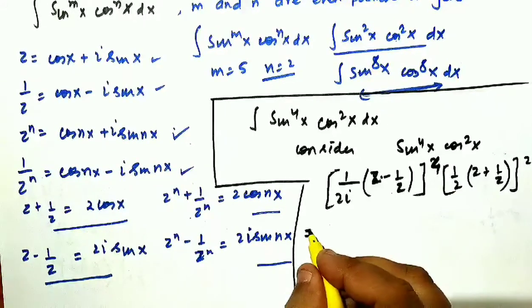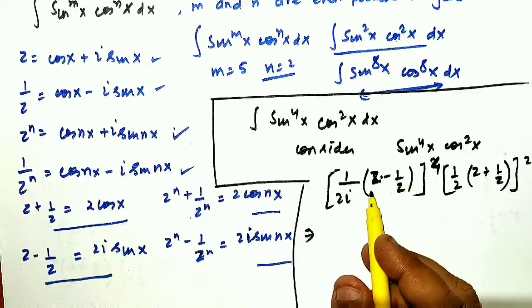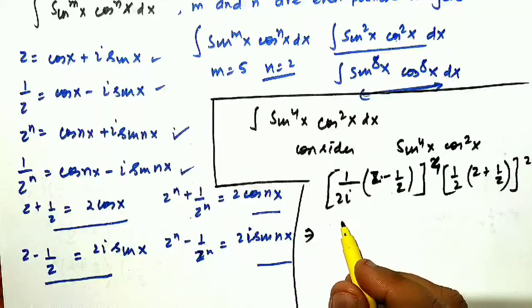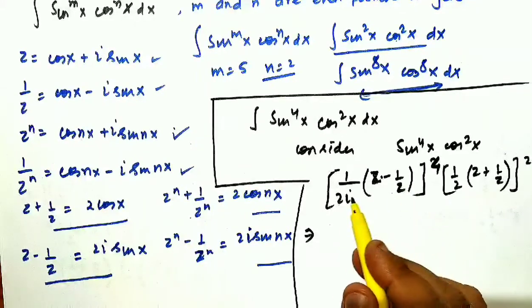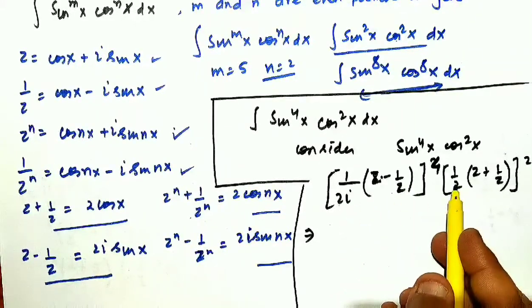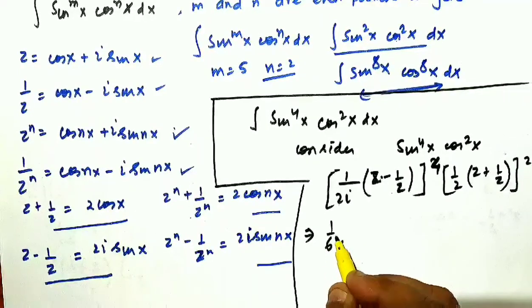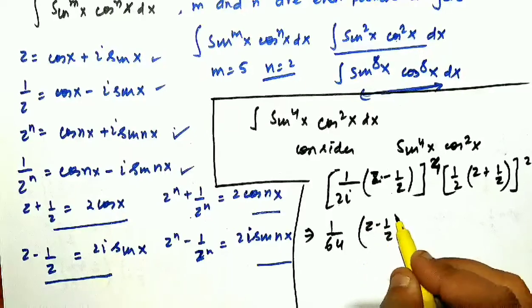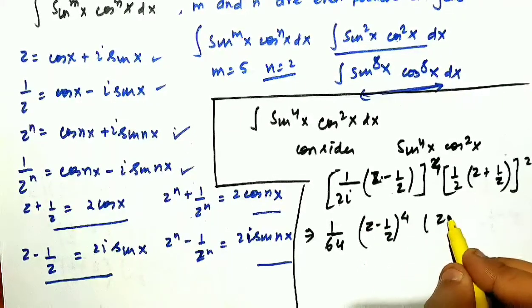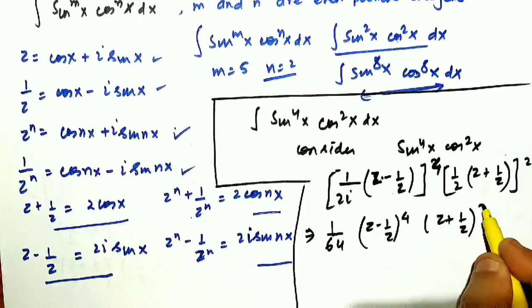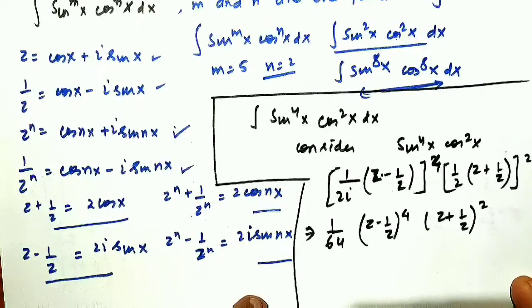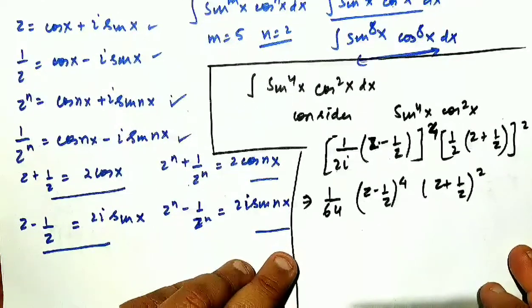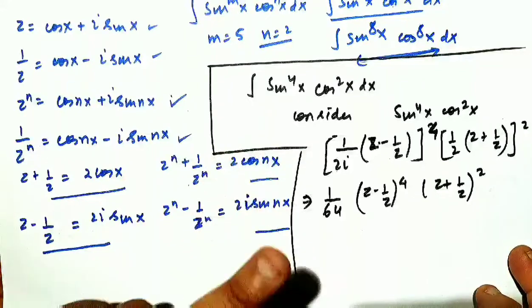Okay, so i to the power 4 is 1, and 1 by 2 to the power 4 is 1 by 16, and this 4 will give you 1 by 64 overall. And this can be expressed as z minus 1 over z to the power 4 and z plus 1 over z to the power 2. Now the idea is to just put the value of sin square x.